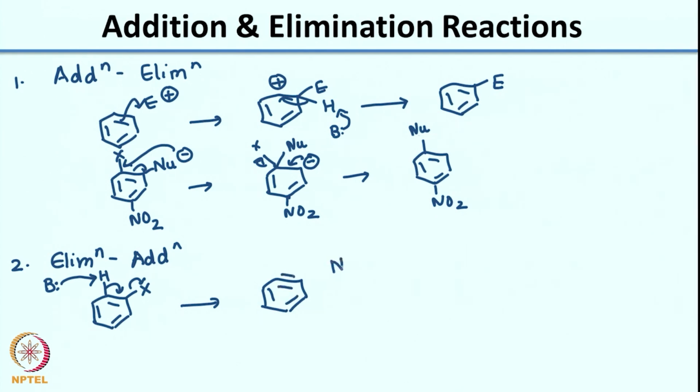Now this benzyne intermediate can interact with a nucleophile to give you the substitution product. So this is an example of an elimination addition reaction.